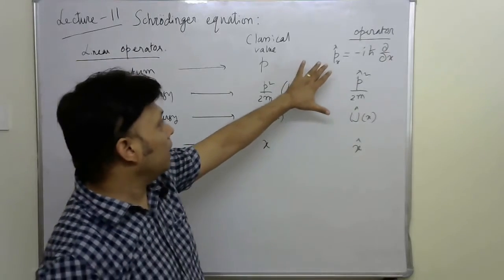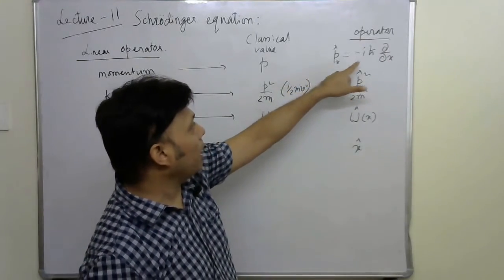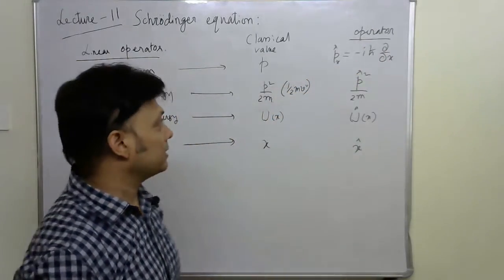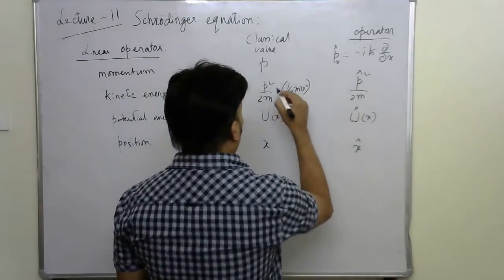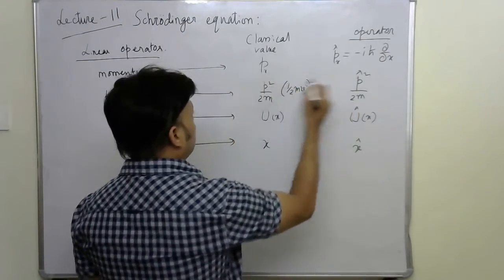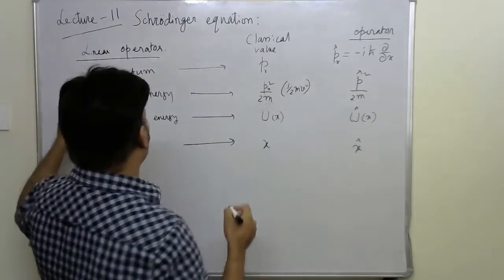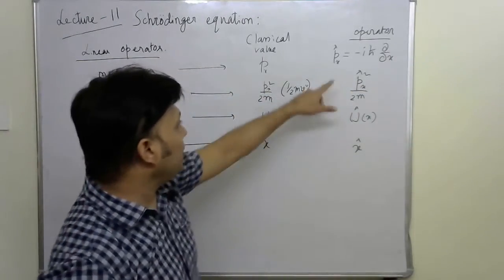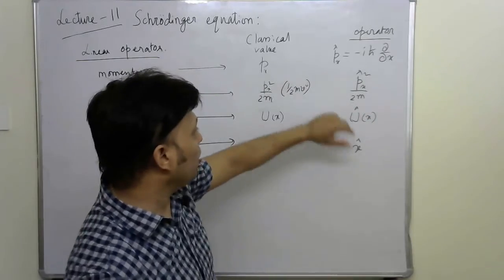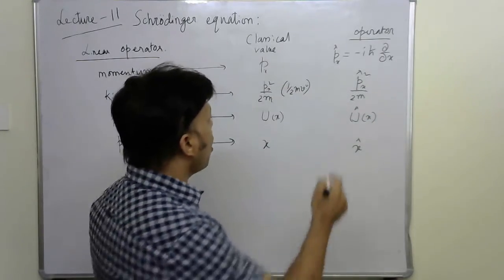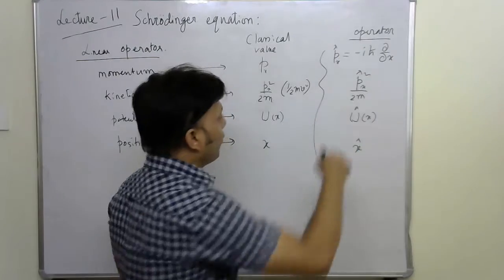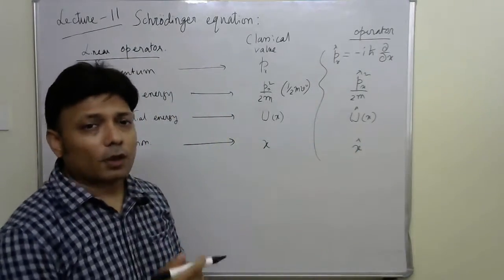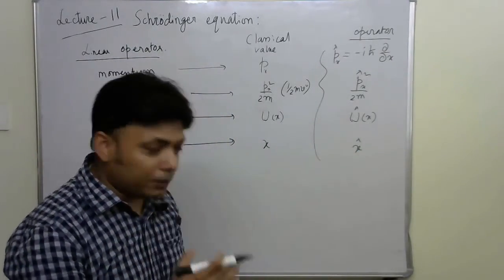If it is represented in one dimension, p x, it is minus i h cross del by del x. Similarly, we can think about the kinetic energy operator as p x square cap by 2m. Now you see all the operators I have written on the right hand side are all linear operators.